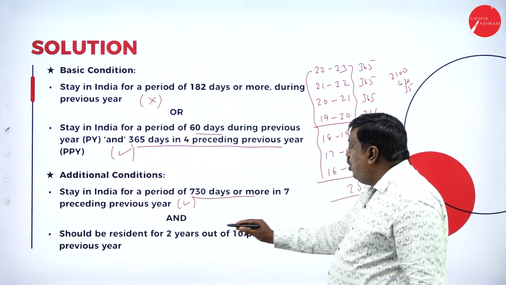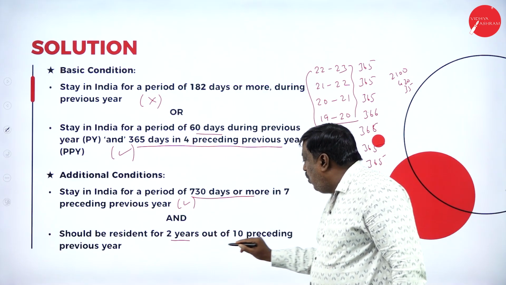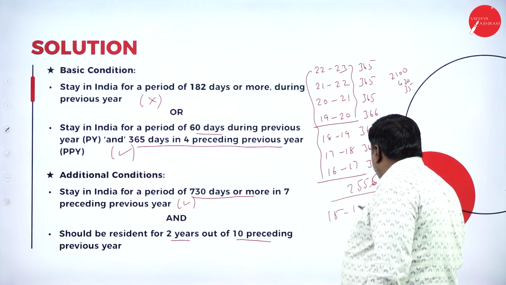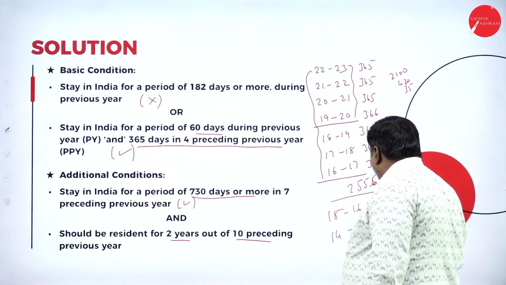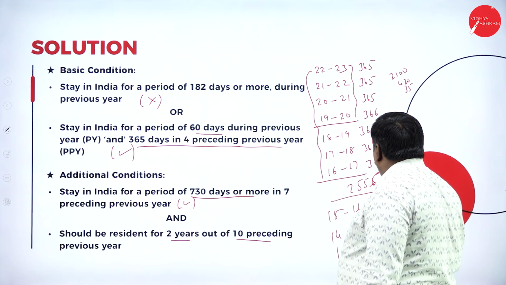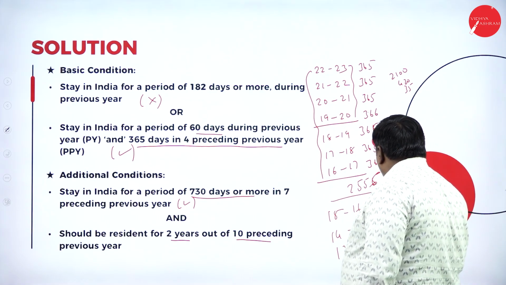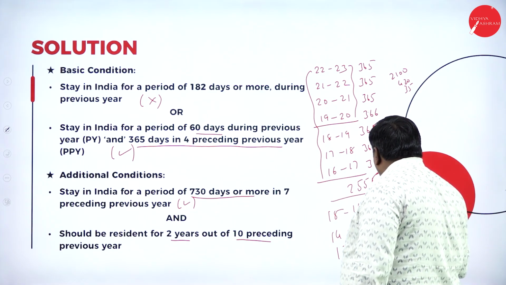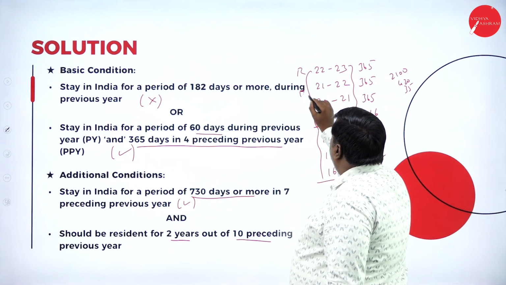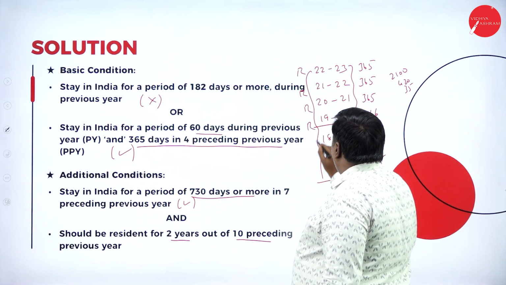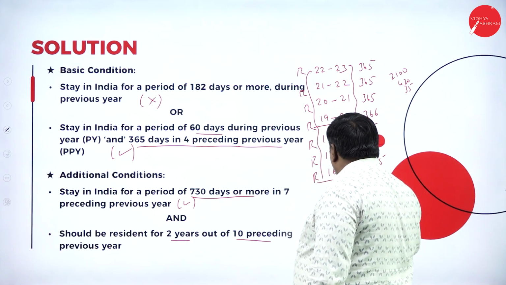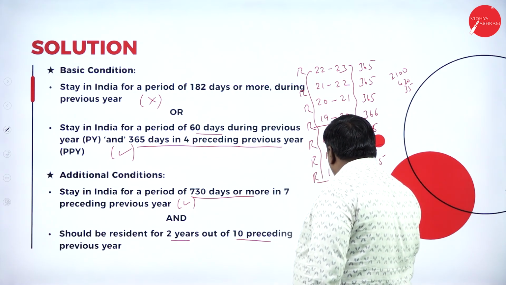And next, I should be a resident for 2 years out of 10 years. That is 2015-16 and 14-15 and 13-14. So I was in India 366, 365 and 366. So my status will be resident for all the 10 years.